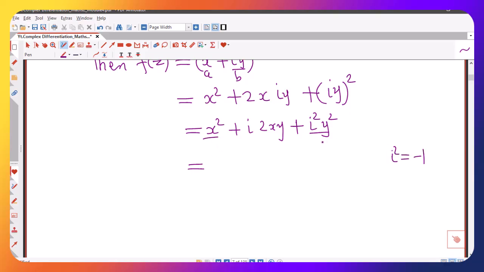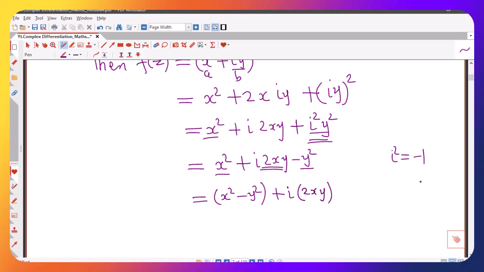So if I take i square equal to minus 1, then I have x square plus i times 2xy minus y square. If I consider those terms which are not multiplied with i, and the term multiplied with i, then I have written my complex function in this form. Suppose I say this is equal to u plus iv.